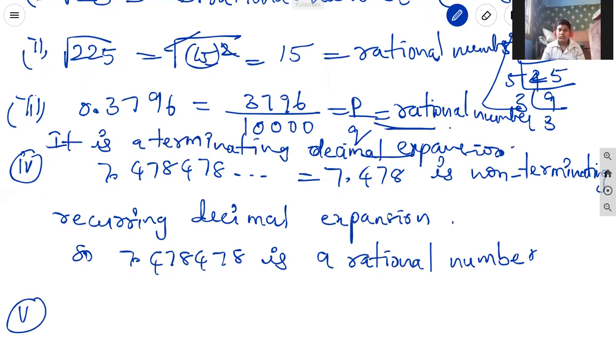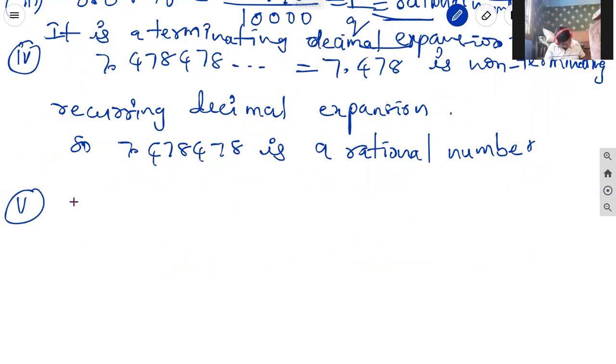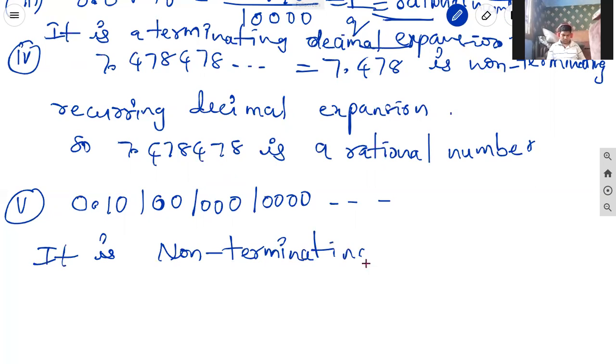Next, the fifth one, you observe it. The decimal expansion, is it repeated or not? 0.10, 100, 1000, 10000, and so on. It's not repeated. It is non-terminating, non-recurring decimal expansion.